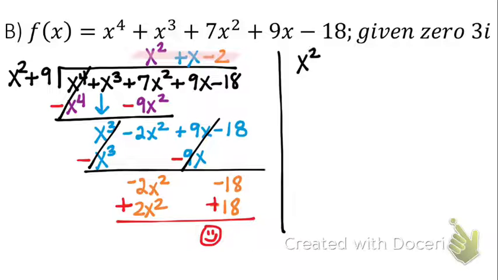So we figured out that we have x squared plus x minus 2. You can make a box, but you don't need to make a box because a is 1.